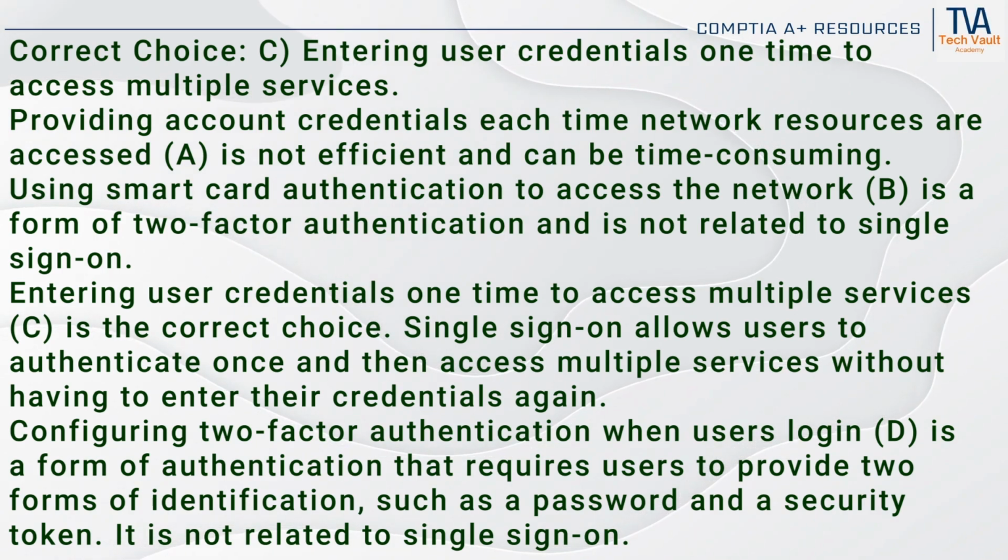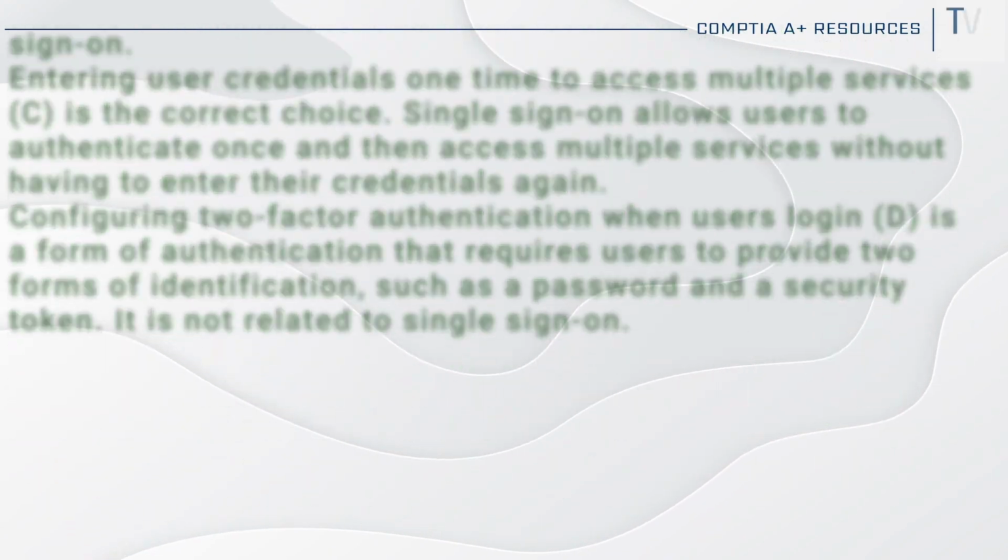Single sign-on allows users to authenticate once and then access multiple services without having to enter their credentials again. Configuring two-factor authentication when users log in, D, is a form of authentication that requires users to provide two forms of identification, such as a password and a security token. It is not related to single sign-on.